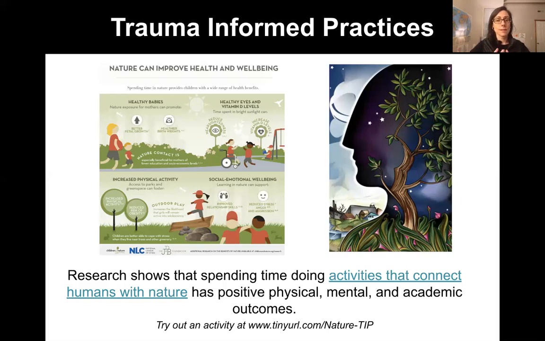So give students that same chance to sit with nature, do some journaling, do some activities and meditations that really allow them to see this as a trauma-informed practice that carries all the way from a sense of urgency and crisis to hope. And that's how we sustain ourselves, by doing things that are healthy.